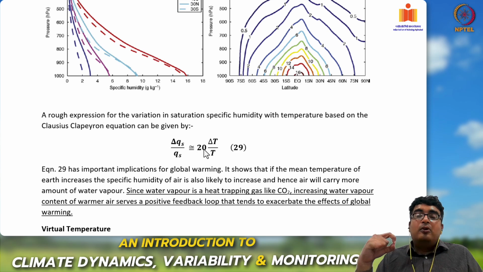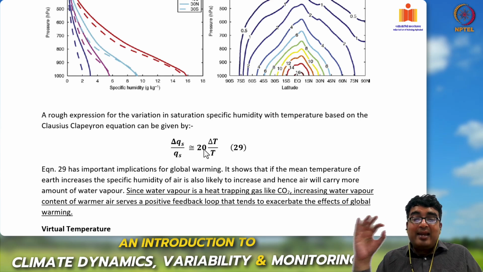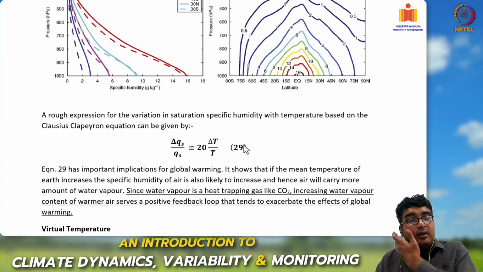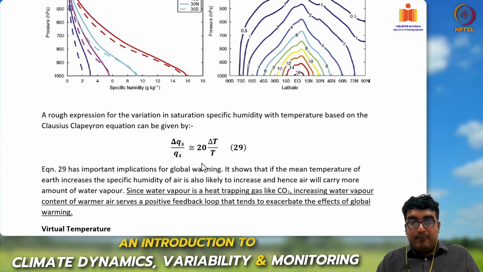Okay, so for a 1% increase in the global mean temperature, we are getting a 20% increase in the carrying capacity of water in the atmosphere. All right. That is the magnifying effect that is present due to the exponential relationship between vapor pressure and temperature.